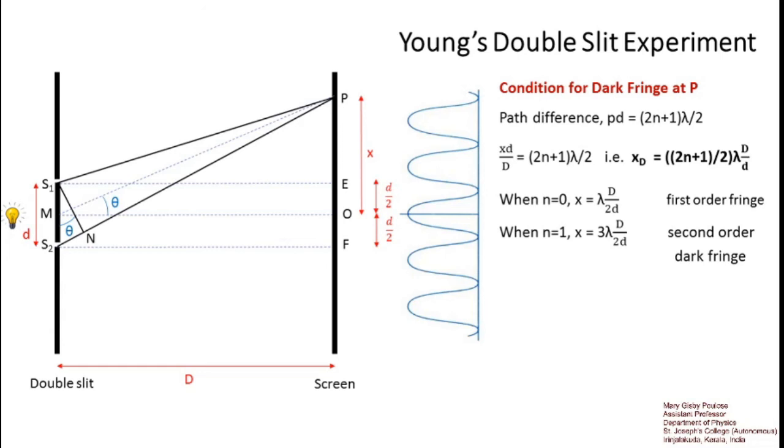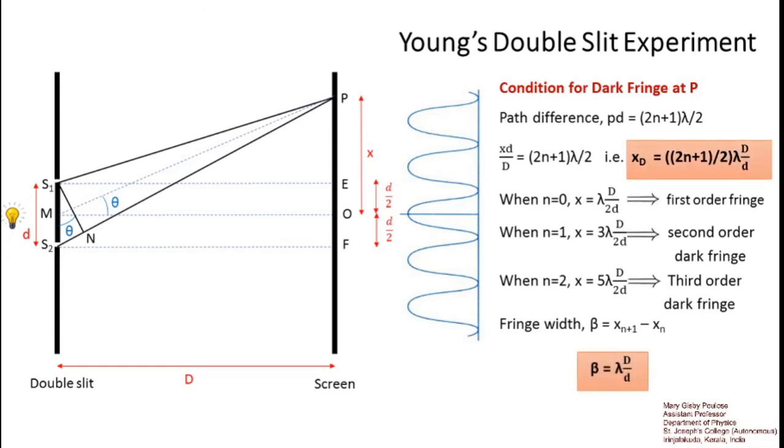This is the second order dark fringe. When n is equal to 2, we get x equal to 5 lambda D divided by 2d. This is the third order dark fringe. Now fringe width beta is given as xn plus 1 minus xn, and this gives beta equal to lambda capital D divided by small d.